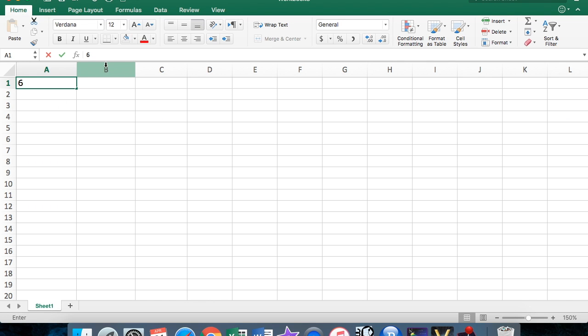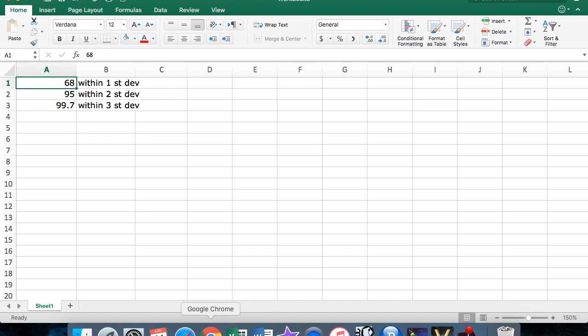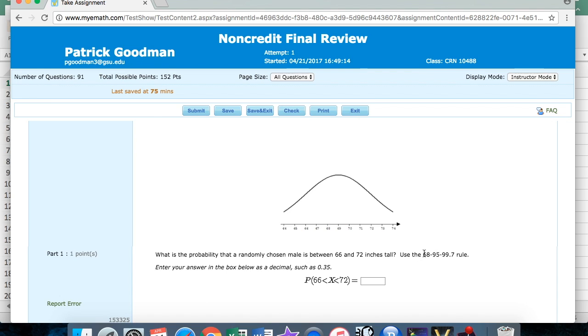Because the 68, 95, 99.7 is within 1 standard deviation, within 2 standard deviations, within 3 standard deviations. The easiest way to remember is that when they show you this, the first number is 1 standard deviation, the second number is 2 standard deviations, the third number is 3 standard deviations.